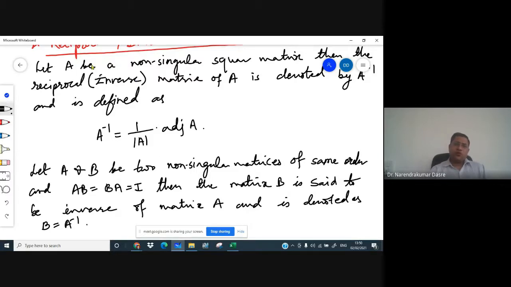So if you know the matrix A and you want to calculate the inverse, then calculate by using this formula, or in either way you find out a matrix B of the same order such that A into B is equal to B into A is equal to identity.